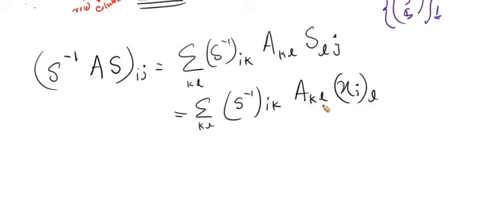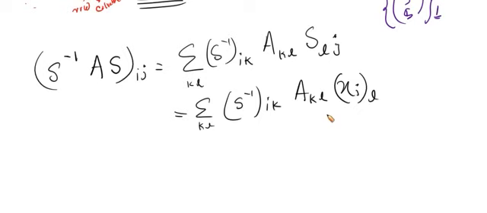Here you have this operator in the component notation, and if you use the eigenvalue equation, then this will be lambda of j and x of j l.